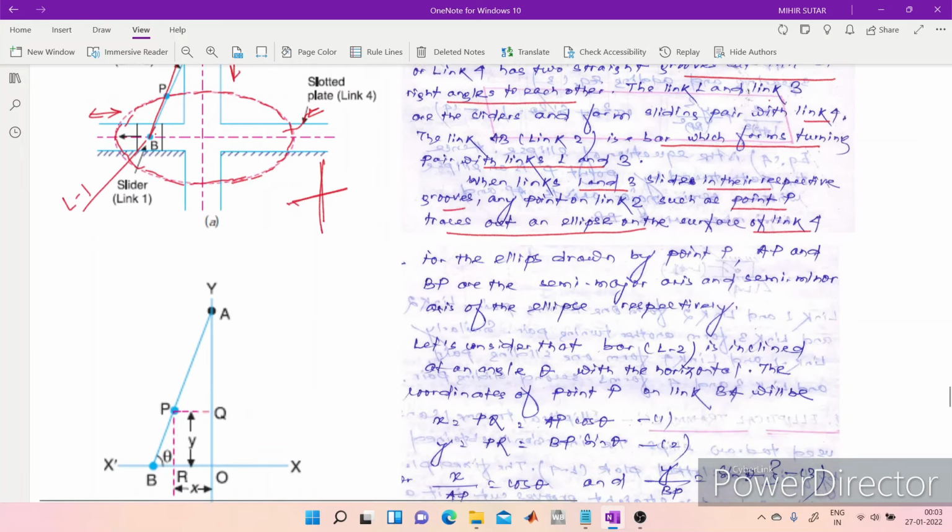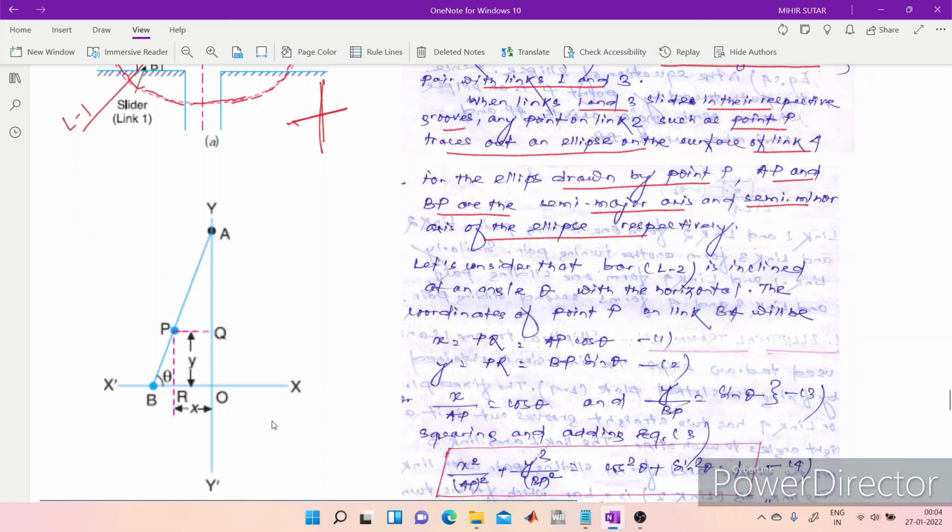Now for the ellipse drawn by point P, AP and BP are the semi-major axis and semi-minor axis respectively. Let us consider this figure.